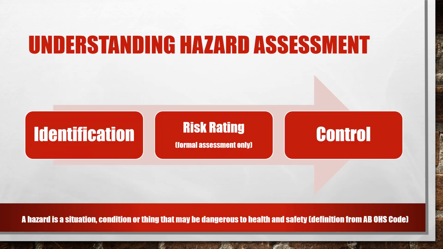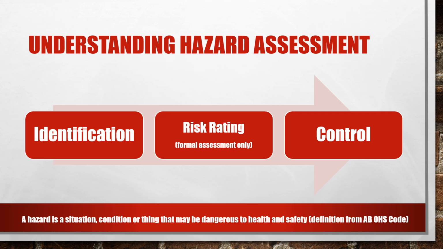Before we begin looking into how to complete or review a hazard assessment, it is important to understand the steps in the process of a hazard assessment. The first step is the identification process. There are a number of ways we will identify a hazard. The second step is used only in the formal hazard assessment process.